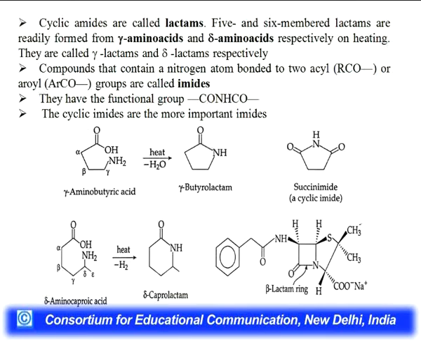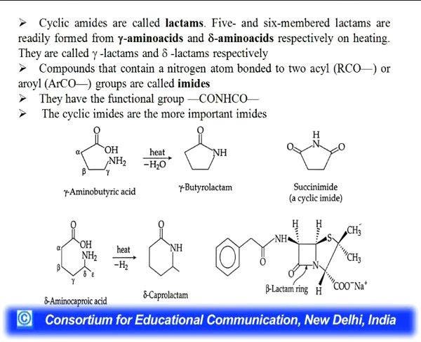Compounds that contain a nitrogen atom bonded to two acyl groups, you know the acyl group RCO, or aroyl group ArCO, are called imides. They have the functional group CO-NH-CO. The cyclic imides are the more important ones. Here are some examples.